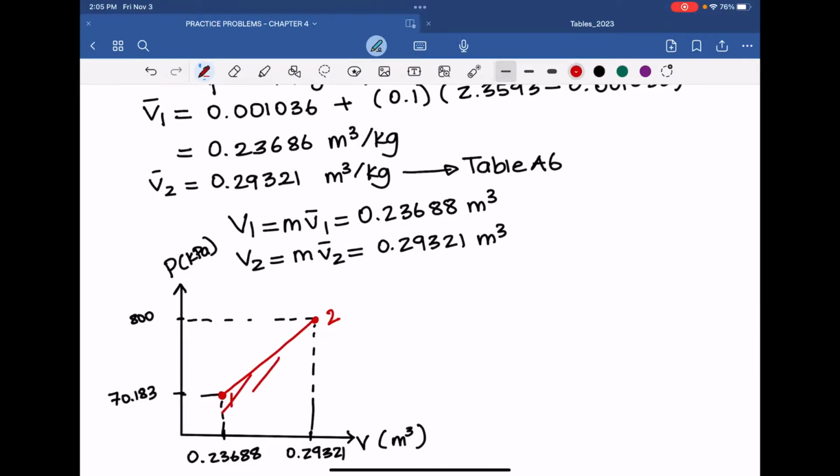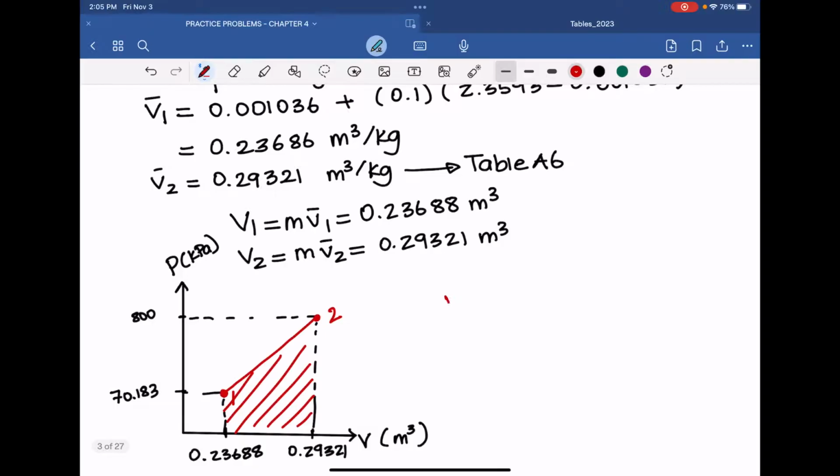So we just need to find the area underneath this, which is a trapezoid, and we can calculate it from there. For the trapezoid area, we need to sum up this with 800, over 2, times the volume change, which we can actually calculate somewhere else.